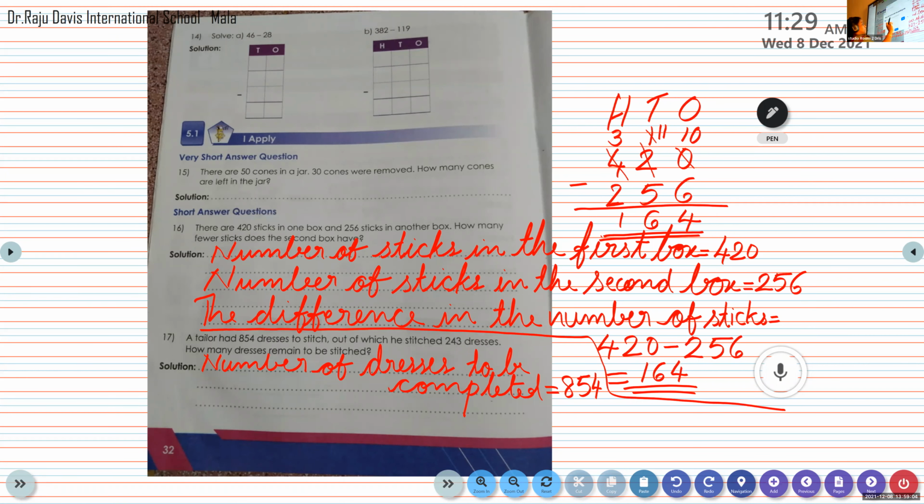The first step: number of dresses to be stitched, equal to 854.